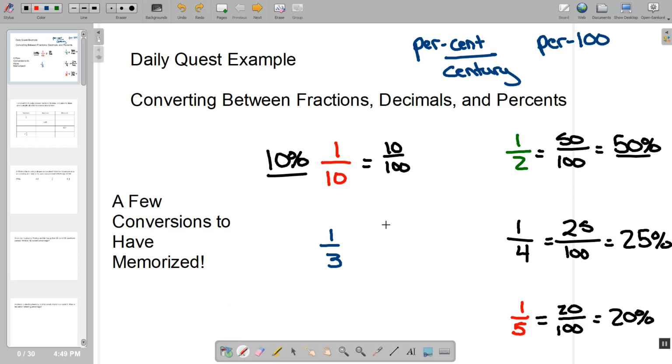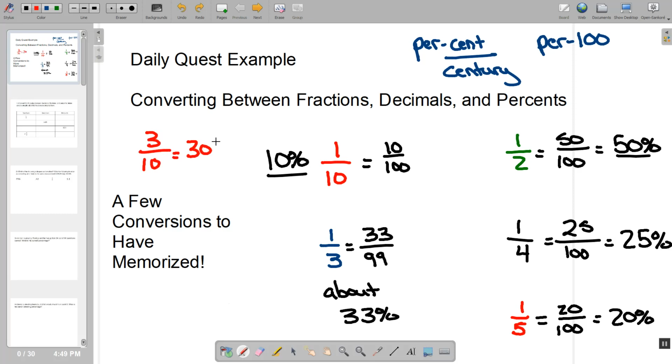And the most common rounded percentage is 1/3, which the closest we can get is 33/99, which is about 33%. The reason why these are important is we can use these to find others. For example, if 1/10 is 10%, 3/10 should be 30%, because 3/10 is 3 times bigger than 1/10.